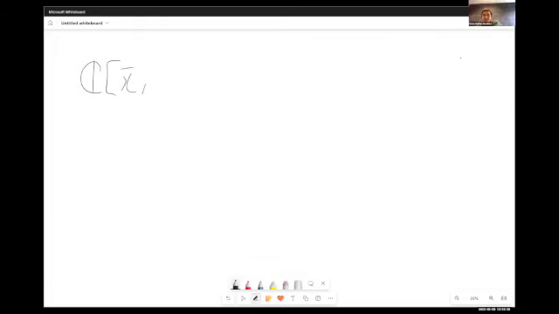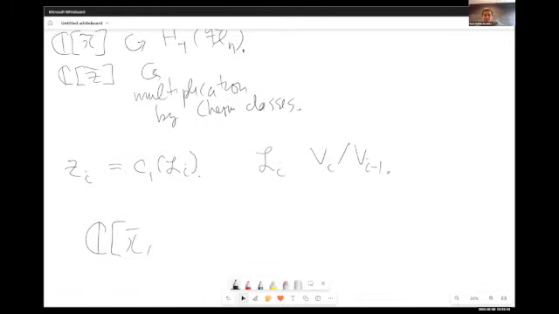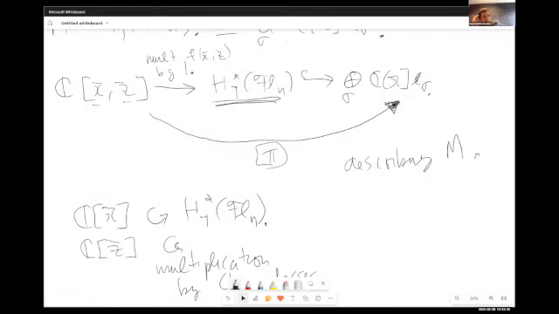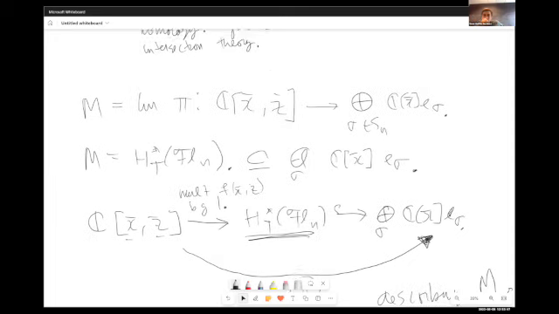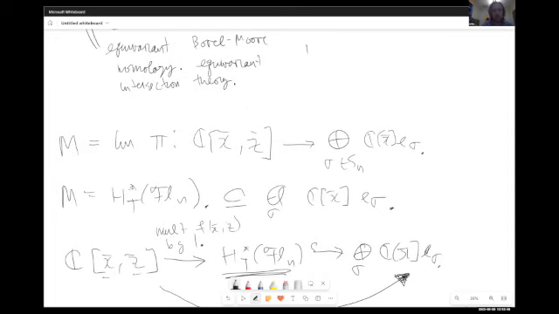What do you mean by multiply by 1? What is 1 here? So 1 is the element, it's 1 in cohomology, which is equal to just the sum over all sigma of E sigma. Oh, okay.